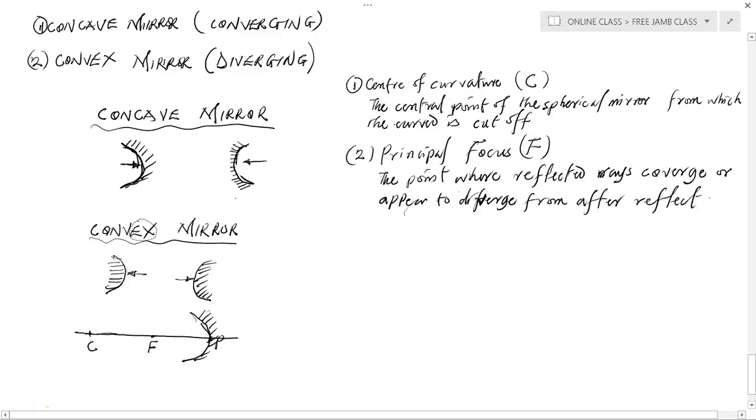You can see that as taking care of both the converging and diverging mirror.